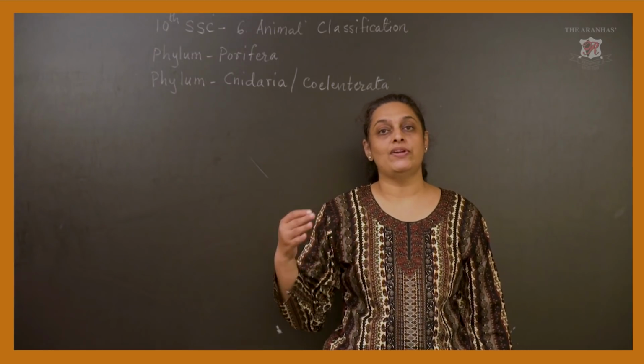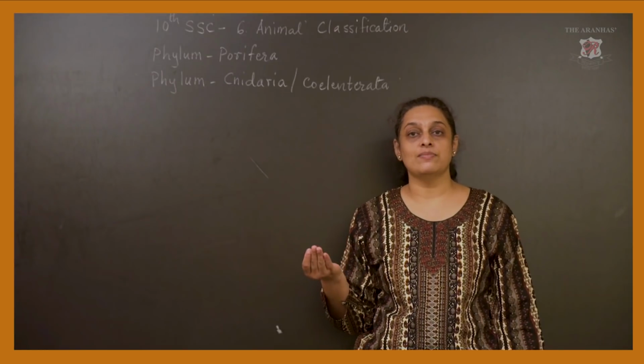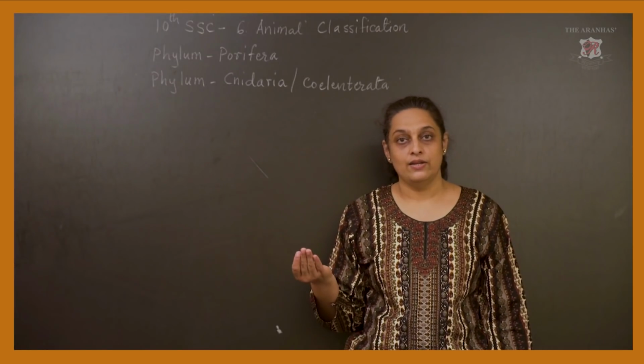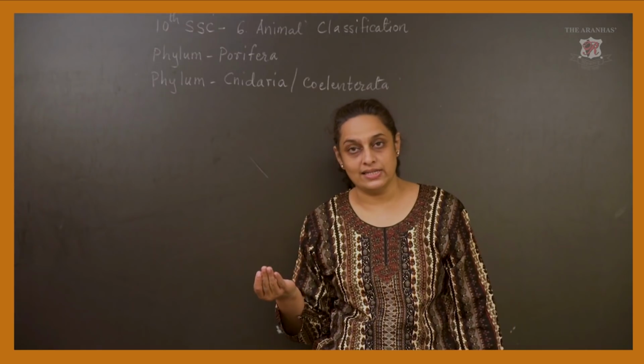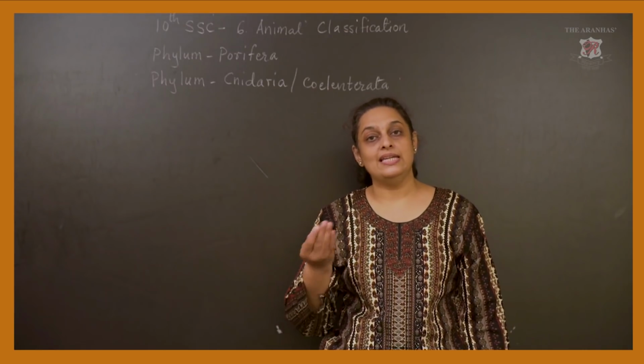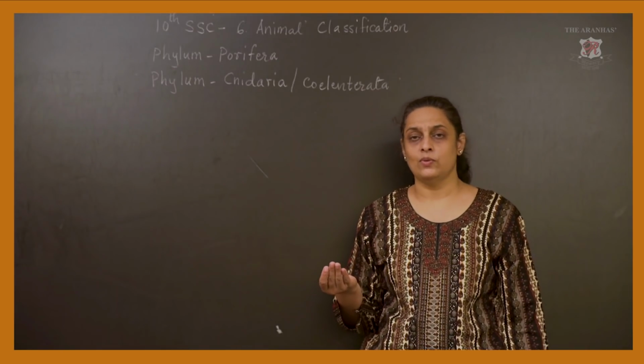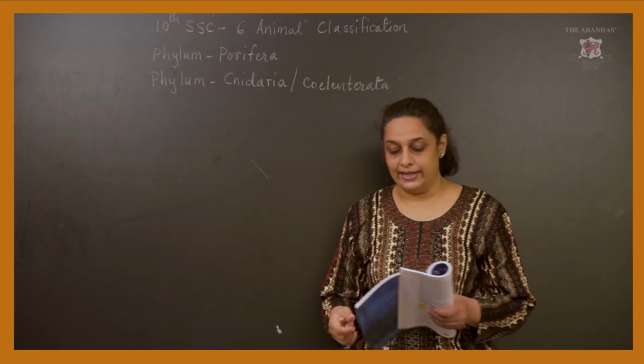With the help of tentacles they move, and tentacles have some sensory cells. So, with the help of those sensory cells, catching food is very easy or convenient for these animals. Okay. So, this is Cnidaria.